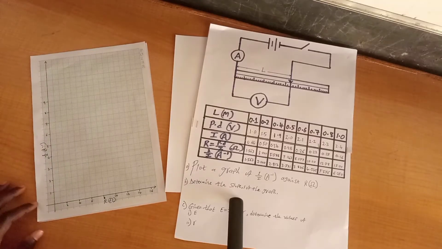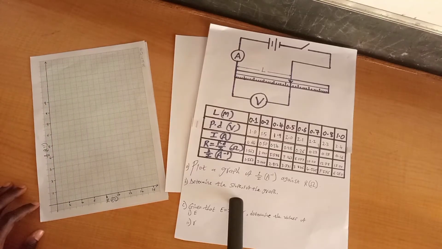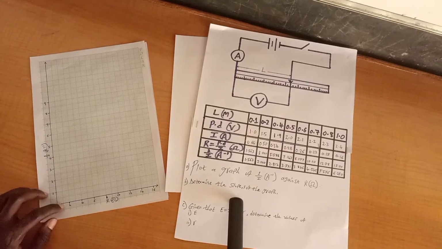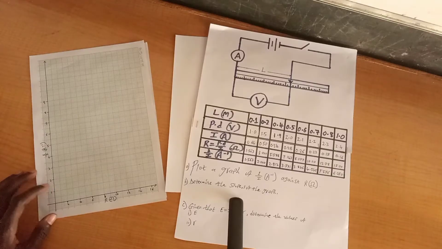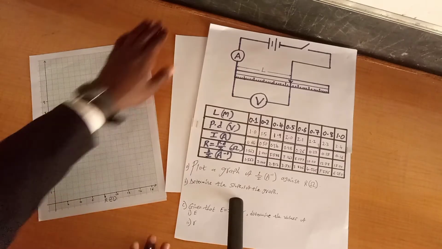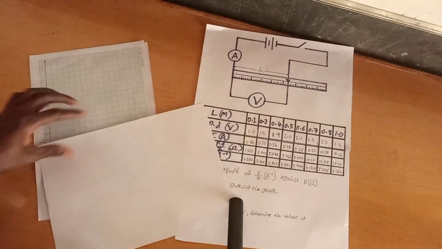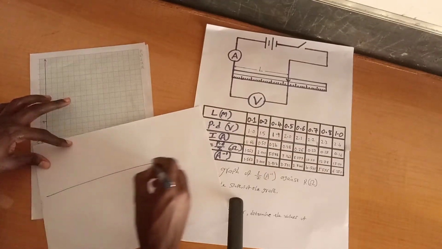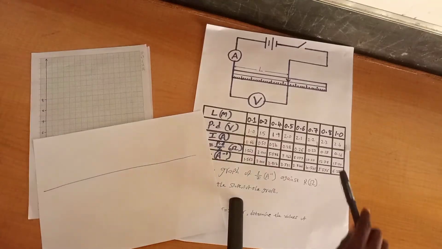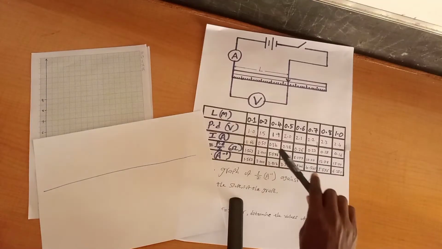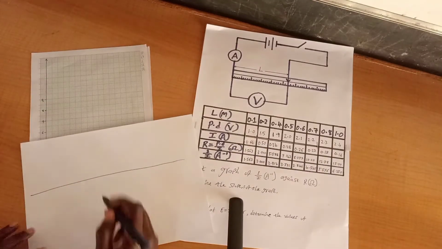We have that, and then from there we have for the resistance, maybe a small table for our values so that we can easily plot them. So let's say we have a small table for our values. We have 1, 2, 3, 4, 5, 6, 7, 8. These are 8 values.